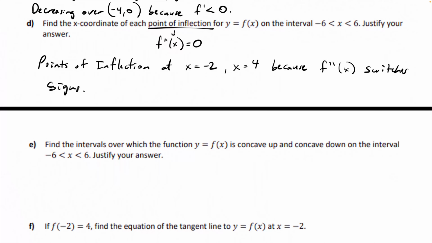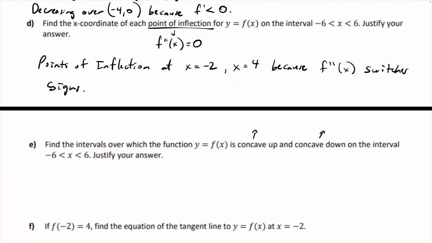So next thing is concave up, concave down. How do we know when something is concave up? How do we know when something is concave down? You did this on the quiz yesterday. We get the first derivative, then the second derivative, then set it equal to 0 and see if it's positive or negative before and after.